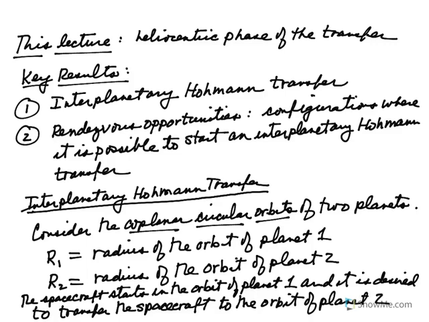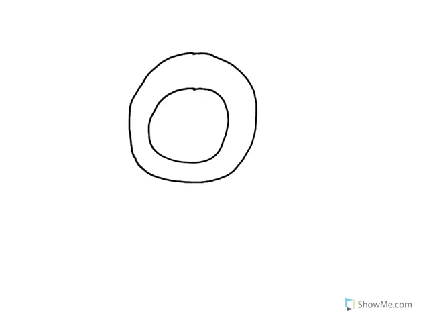Now, this is what the picture actually looks like. So here are the two orbits. This is the orbit of planet 1, and this is the orbit of planet 2. And it doesn't really matter which orbit is bigger, but we're just depicting it this way as the Sun is in the middle, and the first orbit has a radius r1, and the second orbit has a radius r2.